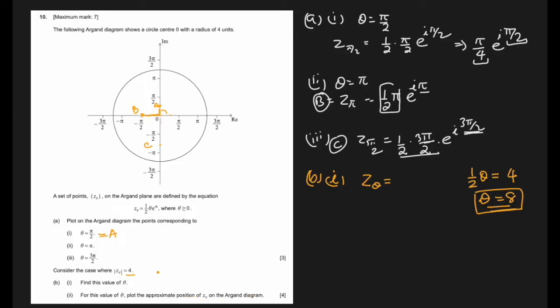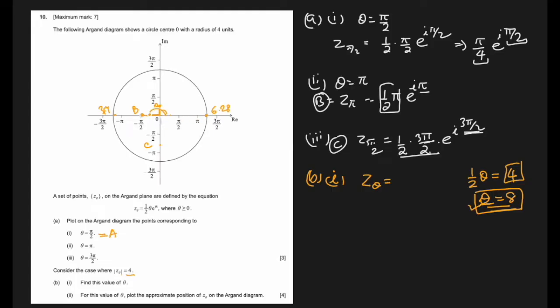So we know theta is 8. That means this is the argument, and modulus is already given as 4. So on this circle, where is the argument 8? So this is 3.14, yeah, then we come back to this one, it is 6.28, yeah.